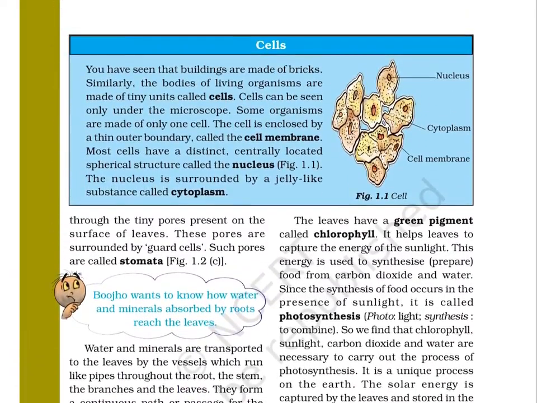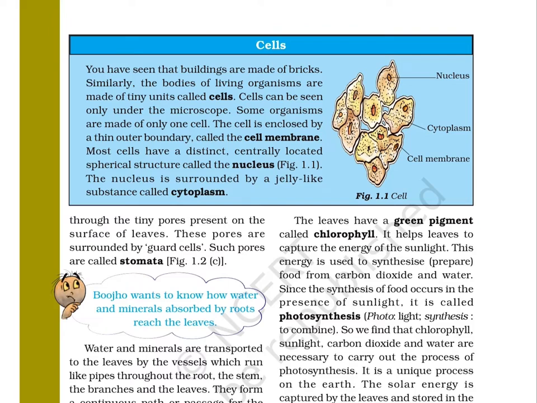Cells. You have seen that buildings are made of bricks. Similarly, the bodies of living organisms are made of tiny units called cells. Cells can be seen only under the microscope. Some organisms are made of only one cell.